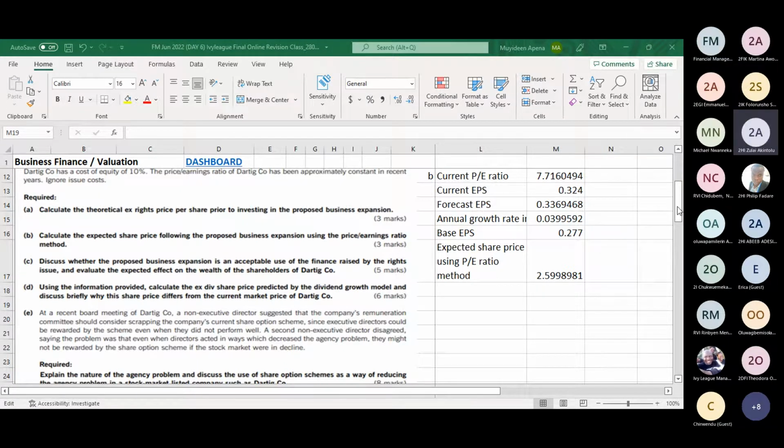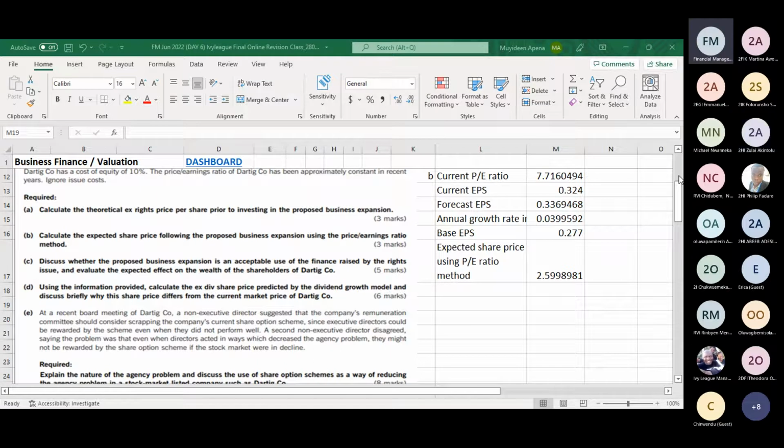And that becomes the share price after the rights offer. Now, the investors need to see the value this expansion is going to create, and using the PE ratio method, we have seen that the value per share will be 2.6.